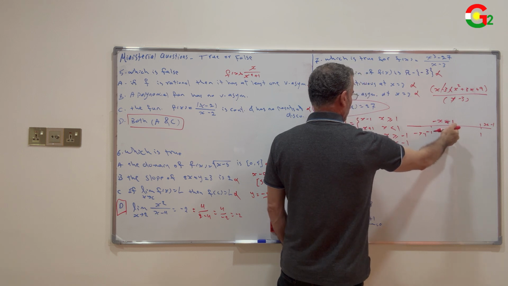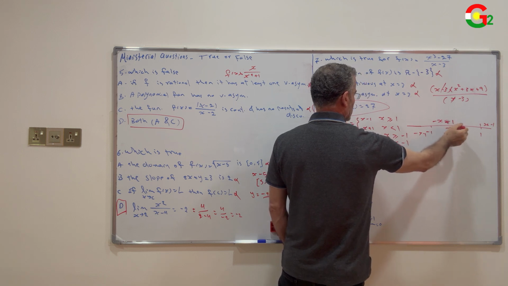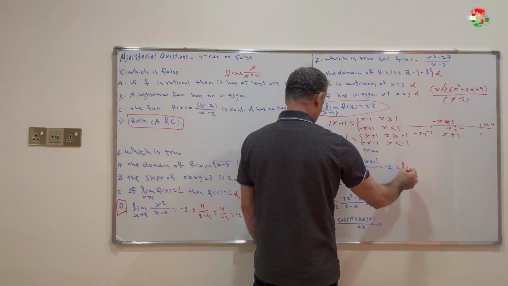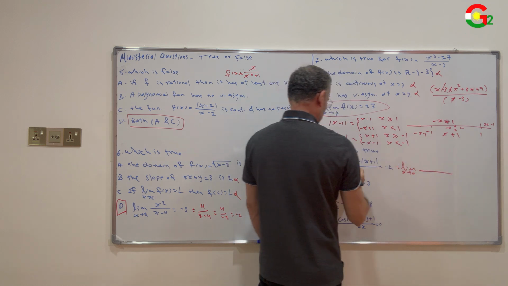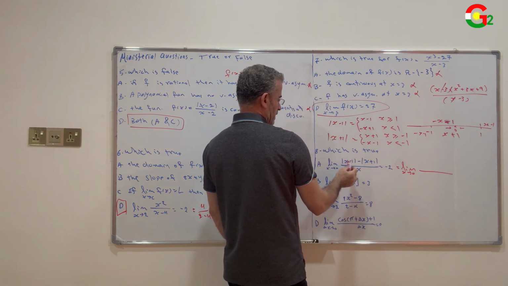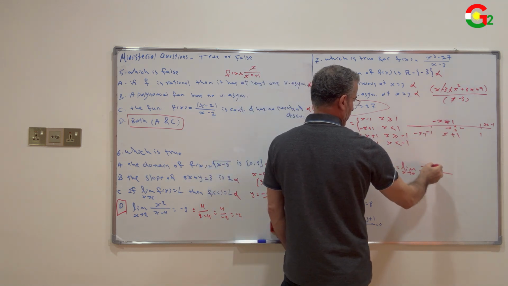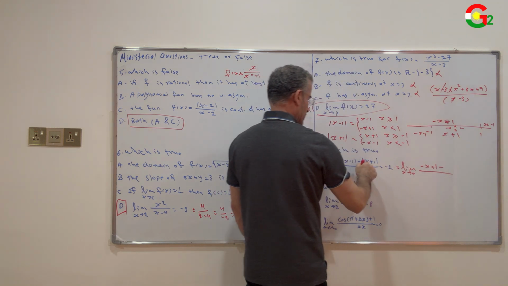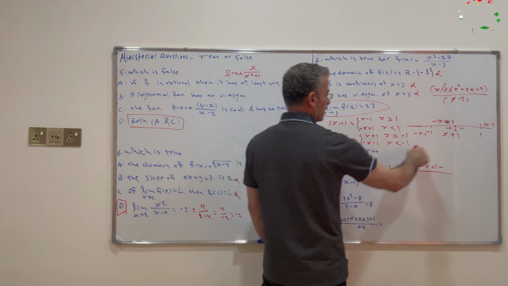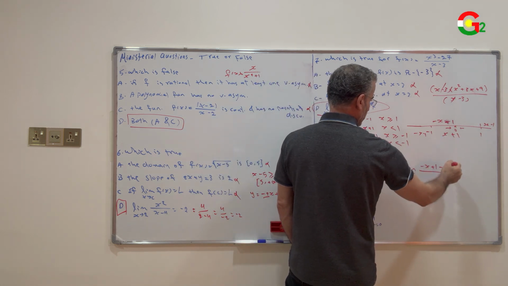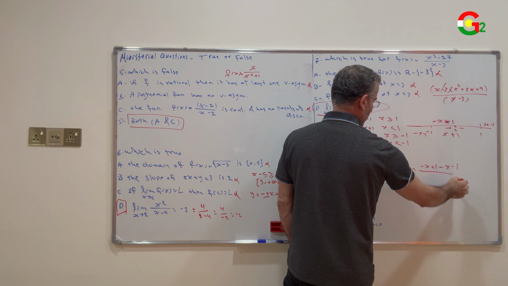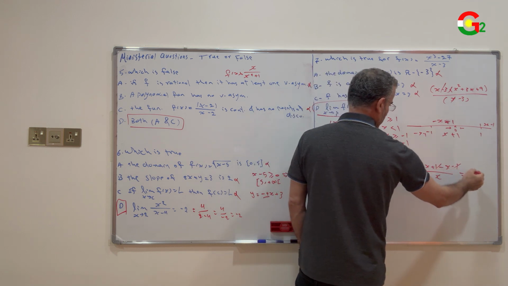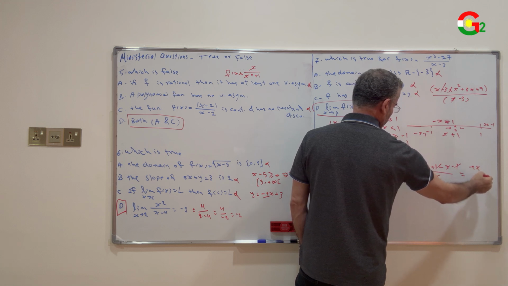Now, we want to find the limit when x approaches 0. When x approaches 0, instead of absolute value x minus 1, I'll write negative x plus 1, minus, instead of absolute value x plus 1, I write x plus 1. It will be negative x minus 1 over x. Negative x plus x, it will be negative 2x over x.